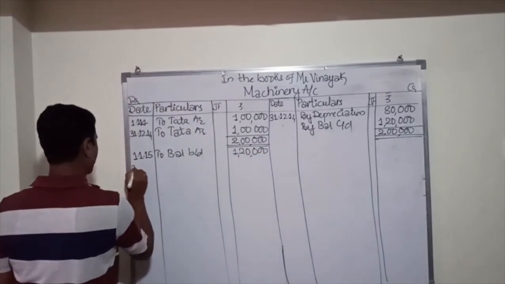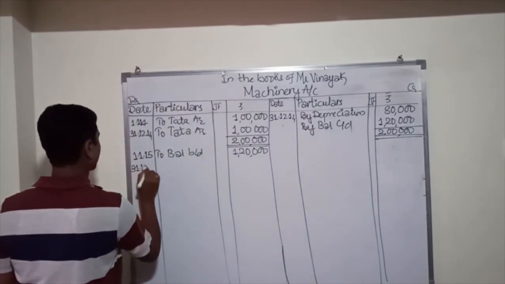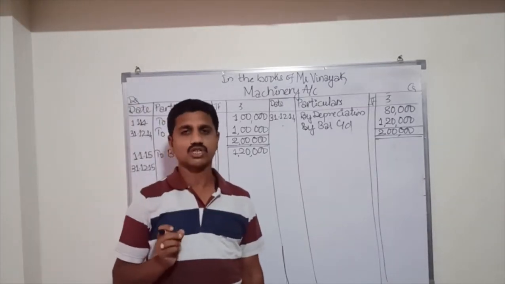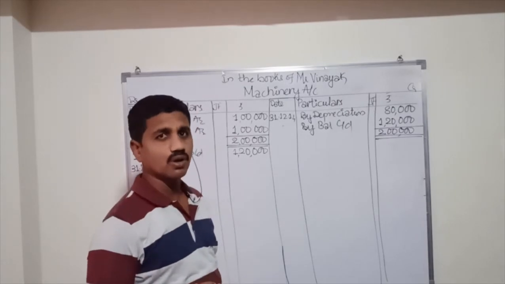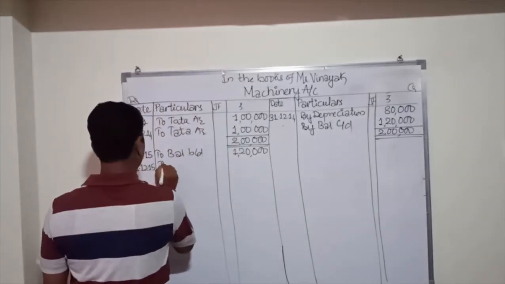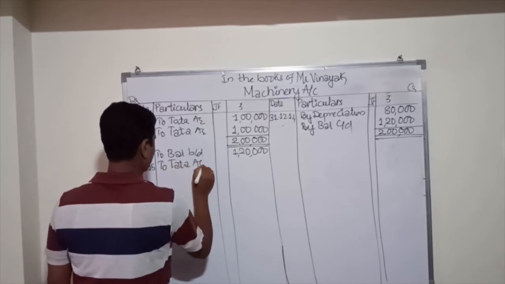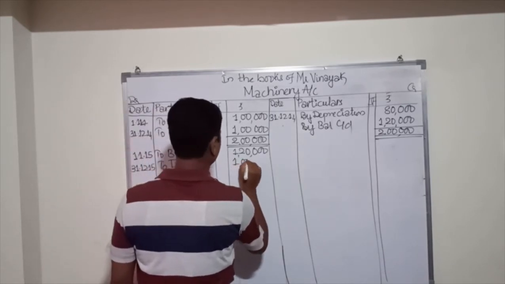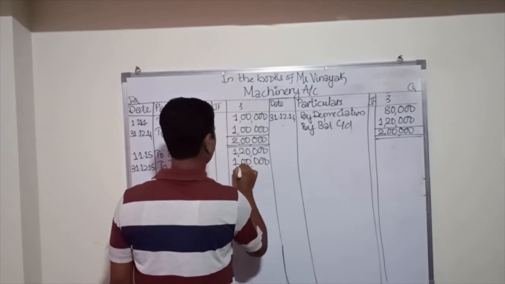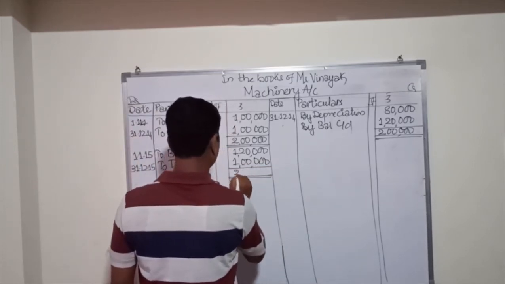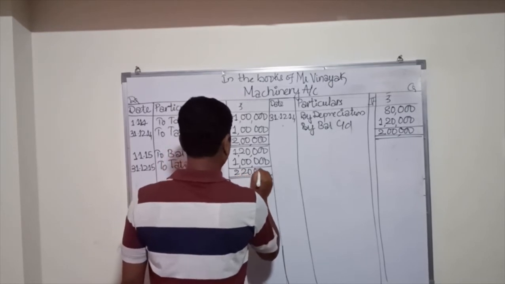Then the second installment becomes due for payment on 31/12/2015. Again the same journal entry, machinery account debit, interest account debit to Tata Limited. So again the principal sum remains the same. You can check it with the hire purchase chart. So the total of this will be 2,20,000.